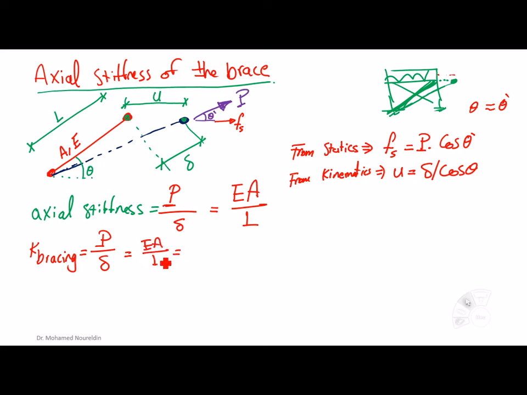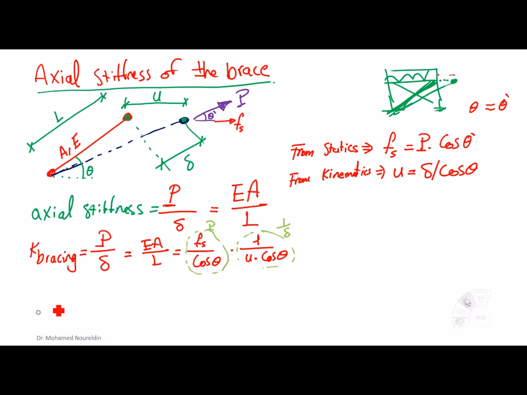And then we're going to substitute with what we have done. So it is going to be Fs over cosine theta times 1 over U cosine theta, right? We didn't do anything. If you look here, this one is P, and this one is 1 over delta. So we are right.